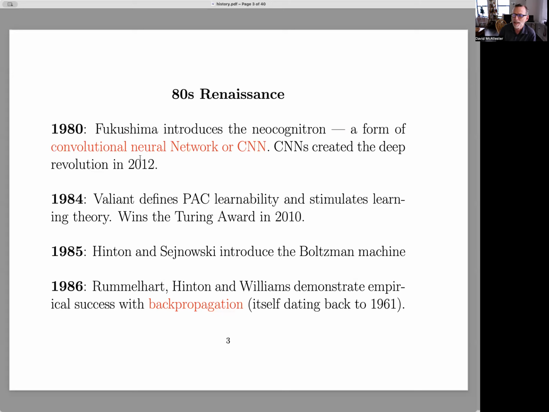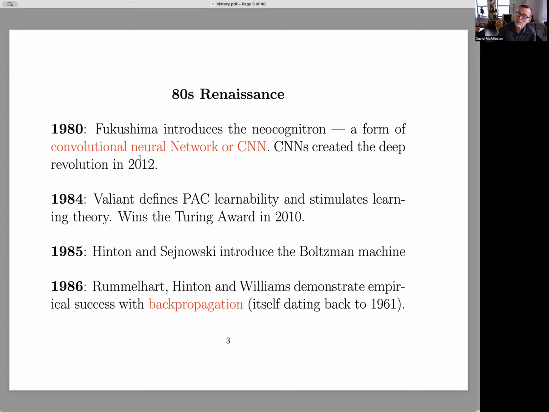And this started an enormous amount of research in learning theory, especially focused on generalization guarantees. What can you guarantee from results on training data about results on new data? And Valiant won the Turing Award, the Nobel Prize of Computer Science, in 2010 for this work, much later.